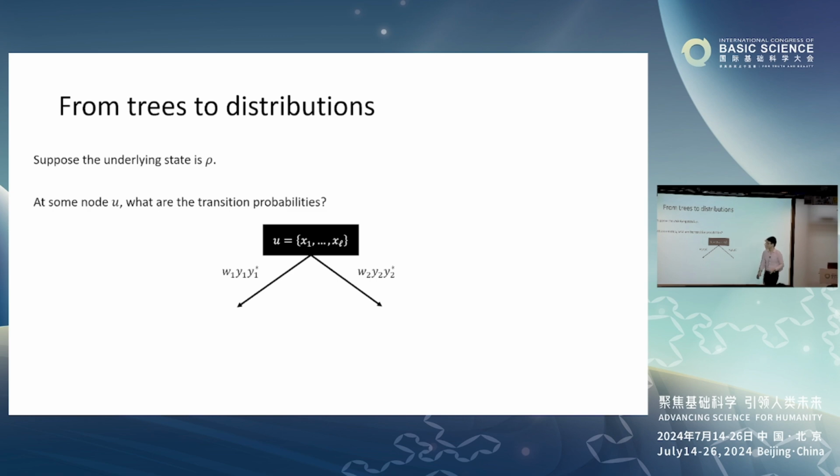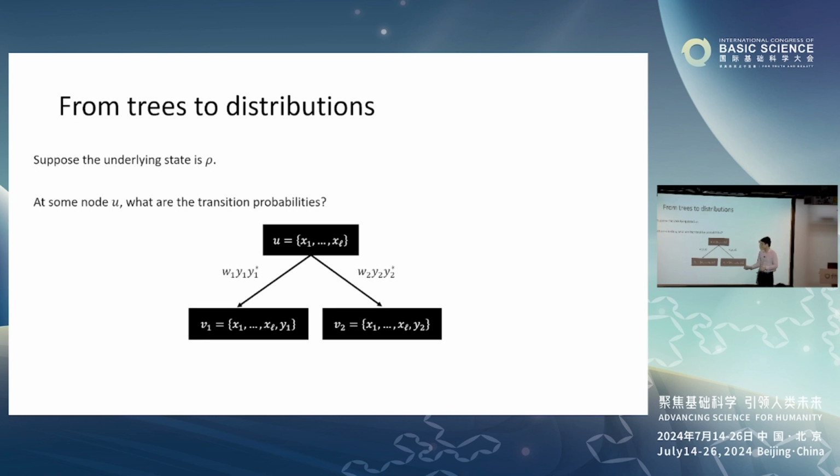This is an oversimplification. What's the probability that it transitions to one child versus the other? Well, it's just the probability that I measure one outcome or the other. The probability I measure this is just the trace inner product of rho with this, which is just this quadratic form. And likewise, the probability that I transition here is just this trace inner product, this quadratic form.